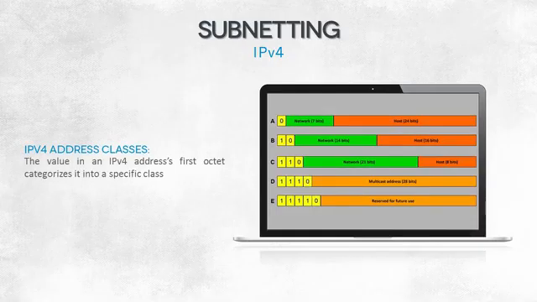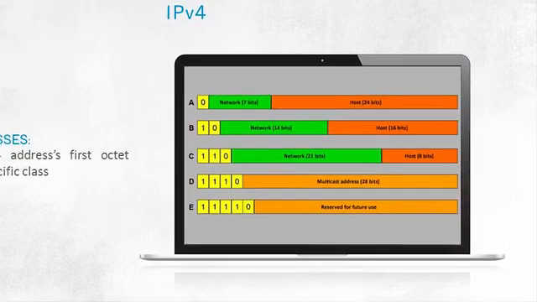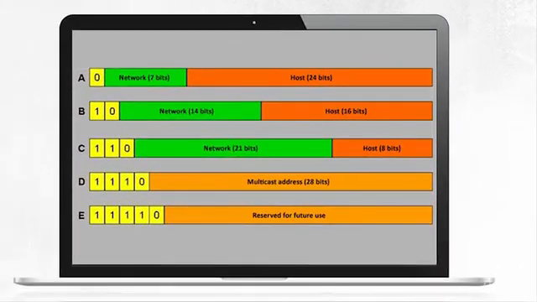The simplest method of subnetting is classful addressing. As you can see in the picture above, 3 classes are used, A, B, and C. Class D is used for multicasting. Its addresses are reserved for future use. Classful addressing is very simple. To distinguish a network address from a host address, you look at the first bits of the most significant byte.